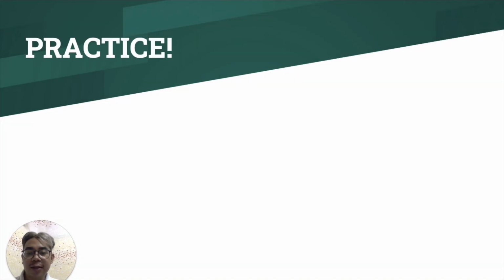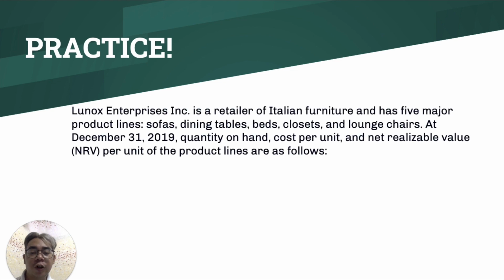So let's practice a problem for measurement. Lunox Enterprises is a retailer of Italian furniture and has 5 major product lines: sofa, dining table, beds, closets, and lounge chairs. At December 31, 2019, quantity on hand, cost per unit, and NRV per unit of the product lines are as follows.